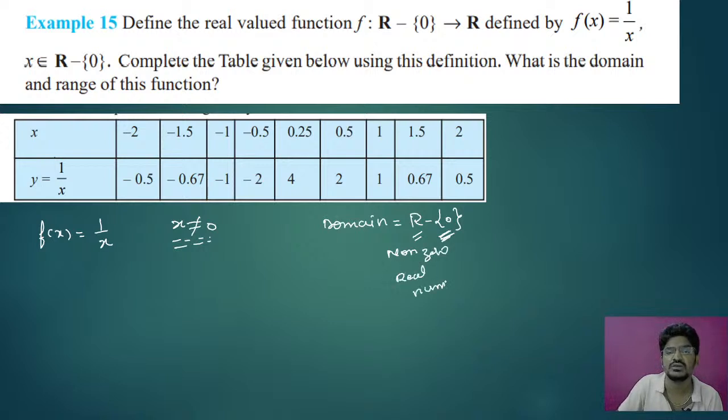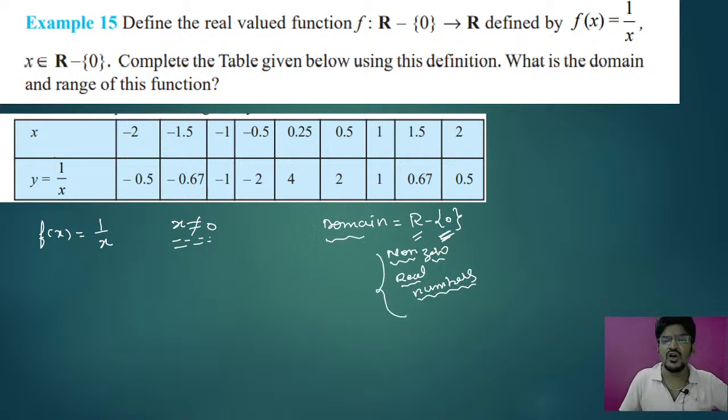Please remember this, because in this real number set 0 is not present. So that's why it is called non-zero real number set. Clear? So domain is R minus singleton set 0, or you can also say non-zero real numbers. So now you can tell the domain is the non-zero real number set and codomain is the real number set.